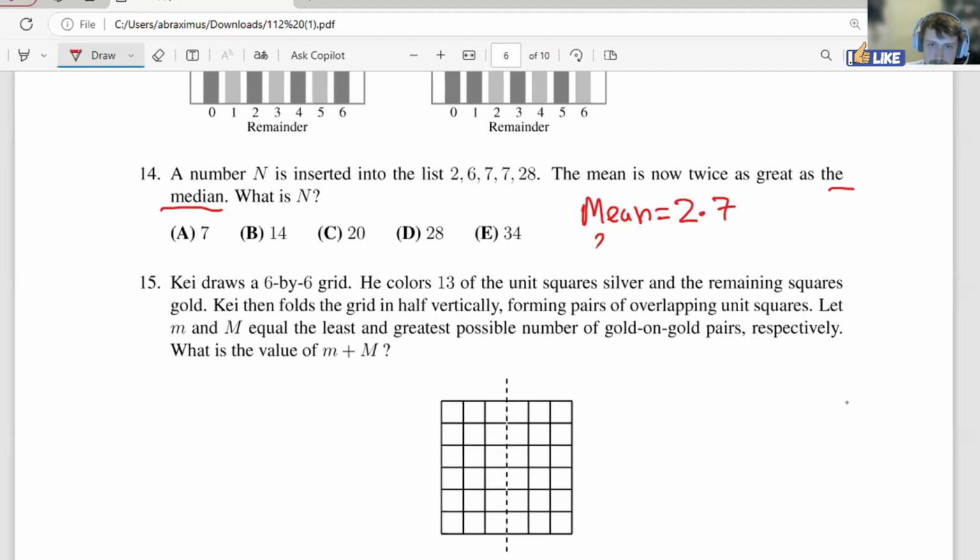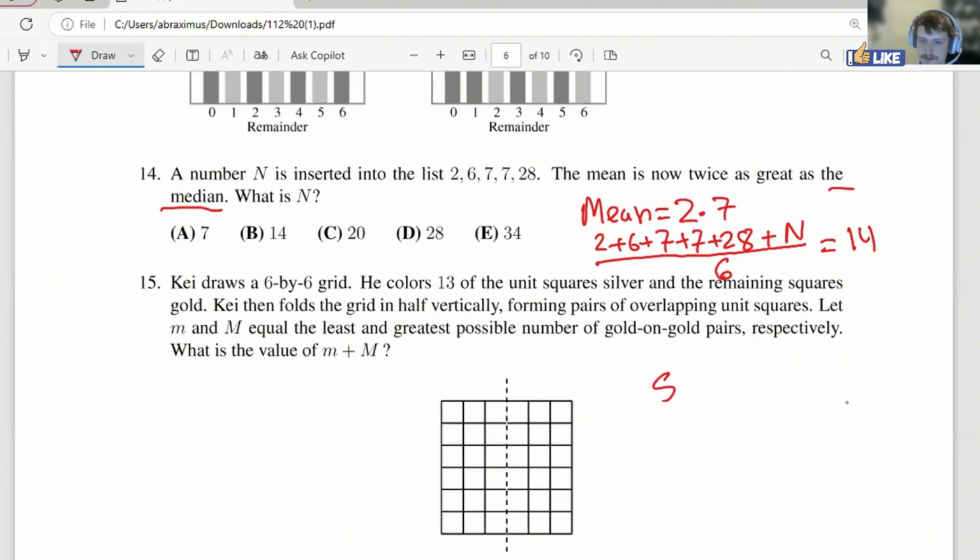So the mean is now 2 times 7. We have 2 plus 6 plus 7 plus 7 plus 28 plus some number n, all divided by 6, because we're taking the average. That's equal to 14. So if we add 2 plus 6 plus 7 plus 7, we get 8 plus 7 is 15 plus 7 is 22. 22 plus 28 is 50.